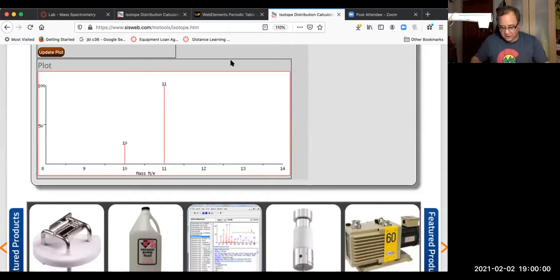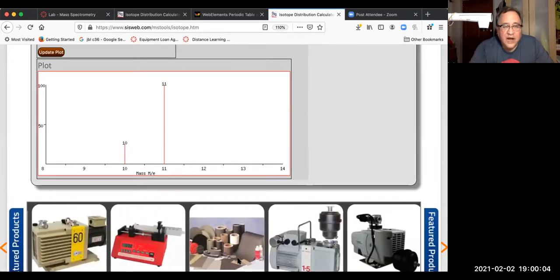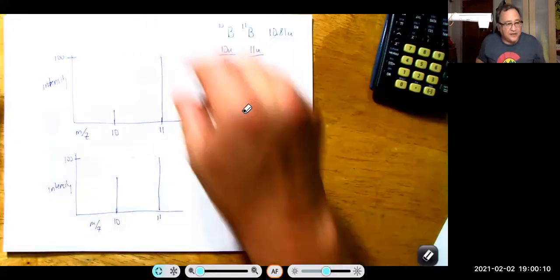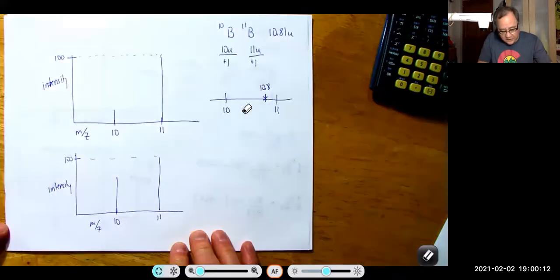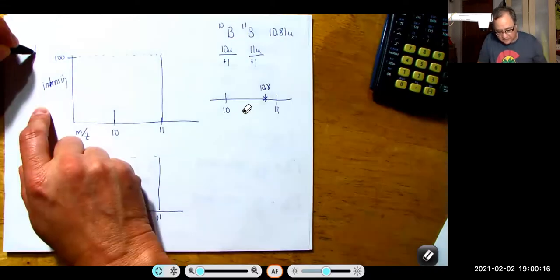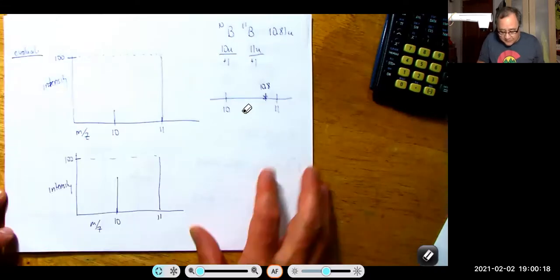Okay, so let's go back to my share where I have the drawings where I drew the 2 normal guesses that people make. Let's evaluate each of these. What can we say about this particular spectrum?